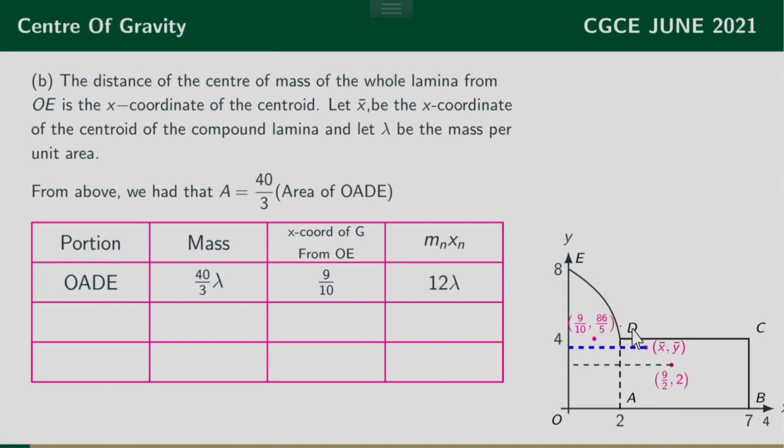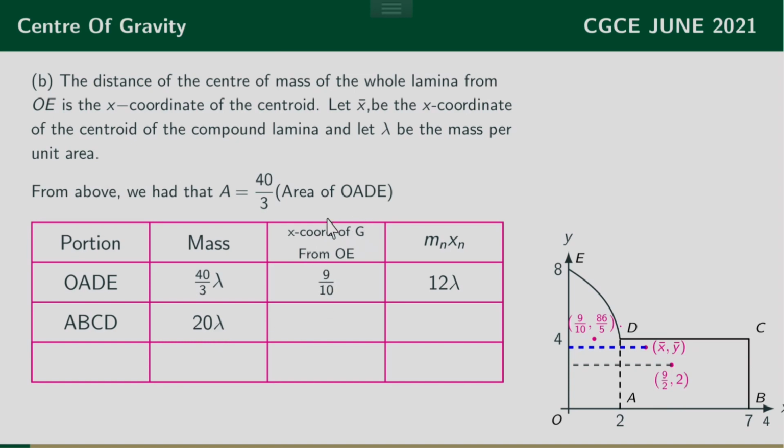Now let me move on to the other shape of known center of mass, which is a rectangle ABCD. And to obtain the mass of the rectangle, I will of course find the area of this rectangle and multiply it by the mass per unit area. And the area of a rectangle is the length multiplied by the width. So the length is 5 and the width is 4. That gives me 20. So the mass will be 20 lambda.